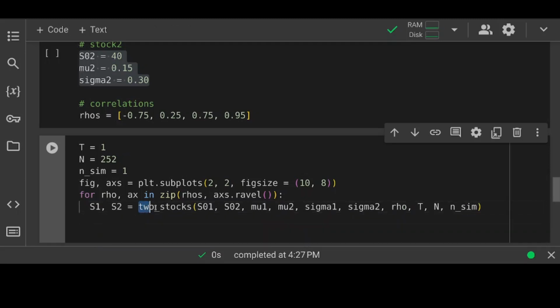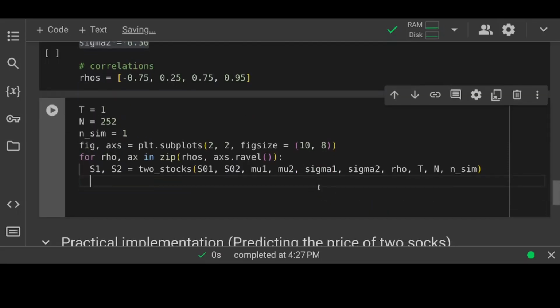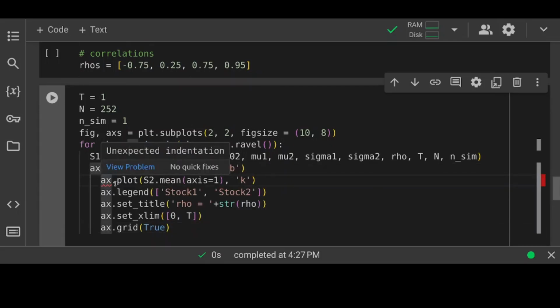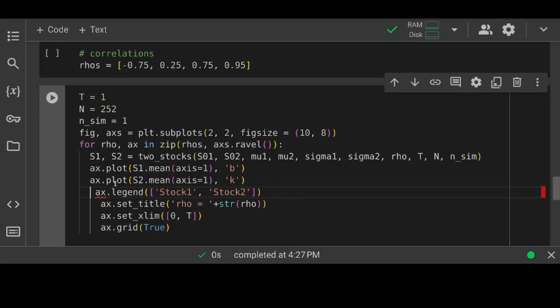So call the function for 2 stocks here with these given parameters. Then we'll plot on different axes at each step. Since I already wrote this one, let me copy paste it and correct the indentation here.